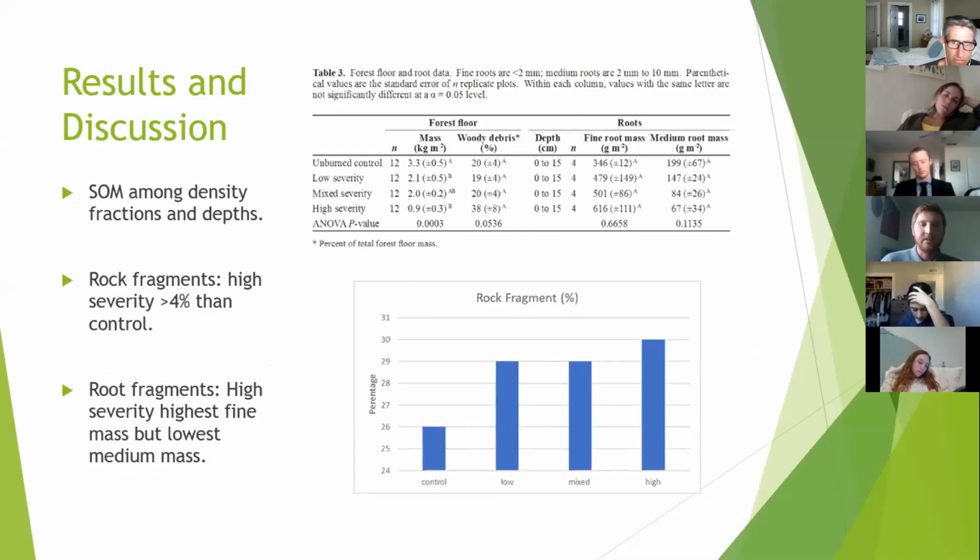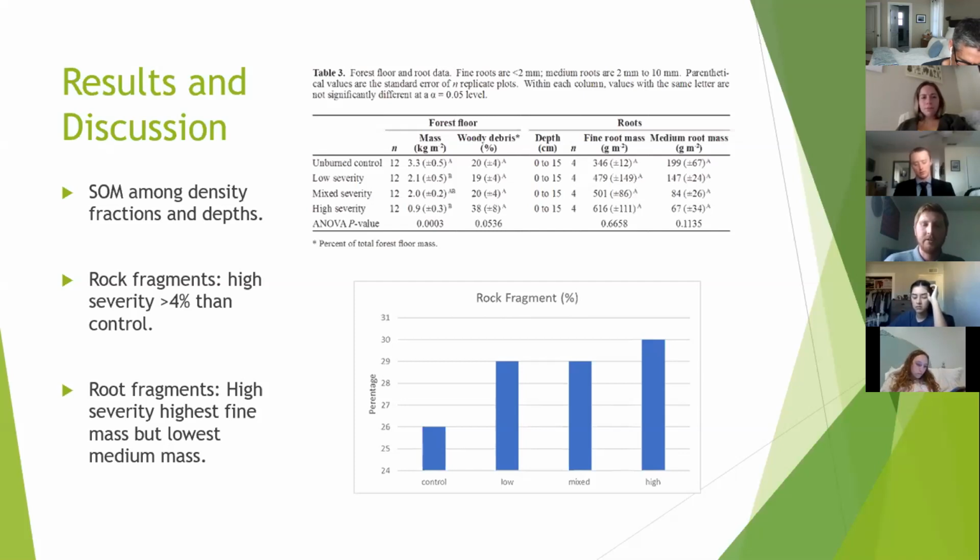As you can see in this graph of rock percentages, the difference in rock fragment content among soils varied. Soil from high severity burn plots showed that they are 4 times greater than that of the control plot, and rock fragments from low and mixed severity plots were also 3 times greater than the control.